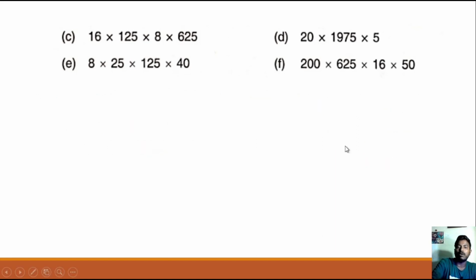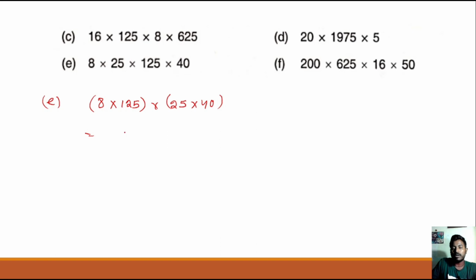Okay. Now E number, 8 into 125, then 25 into 40, because 8 into 125 is 1000, into 25 4s are 100, then 0. Now 160. Okay.